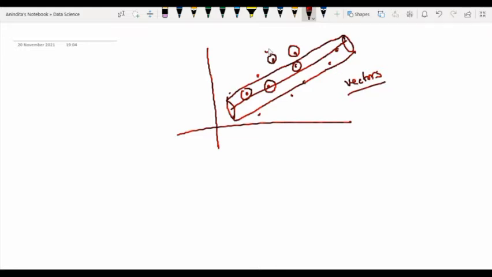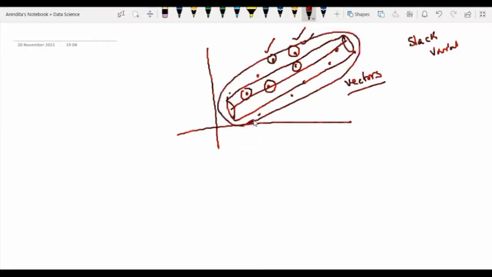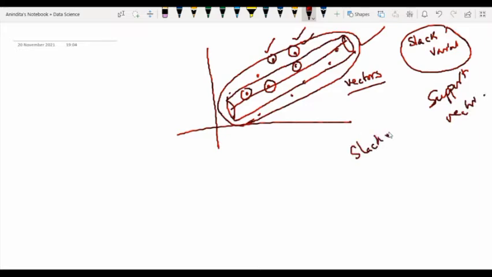But the points outside the tube are the slack variables. The presence of these slack variables defines the structure or orientation of the tube, so they are supporting the structure of the tube. So slack variables are known as support vectors.